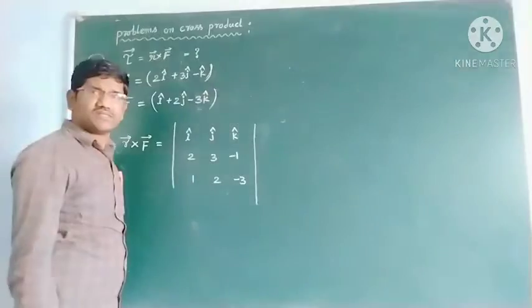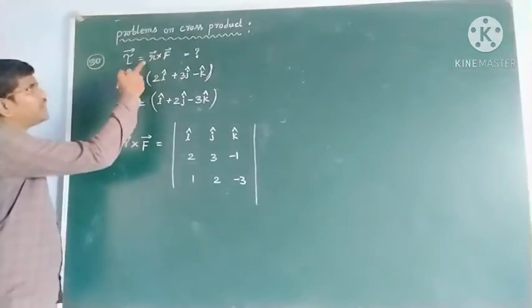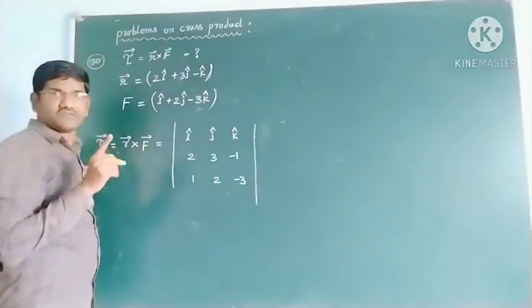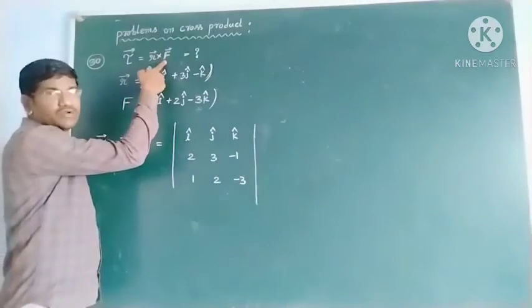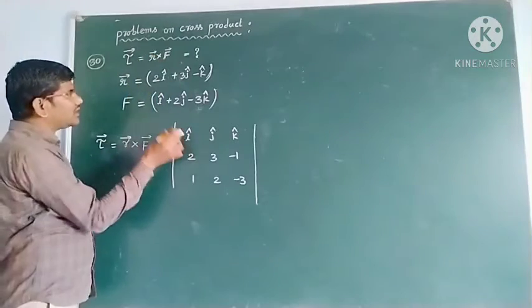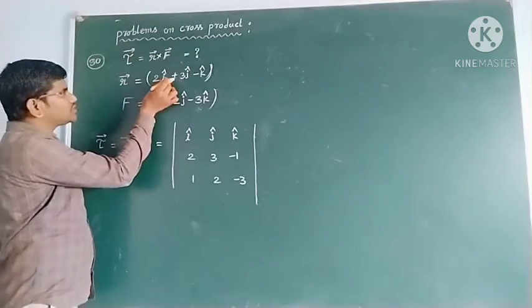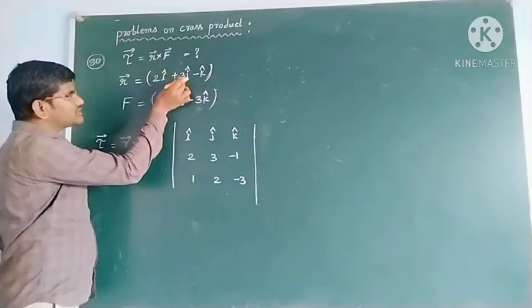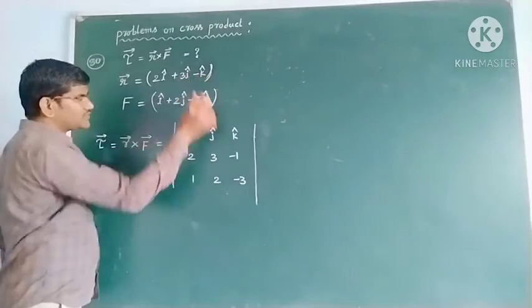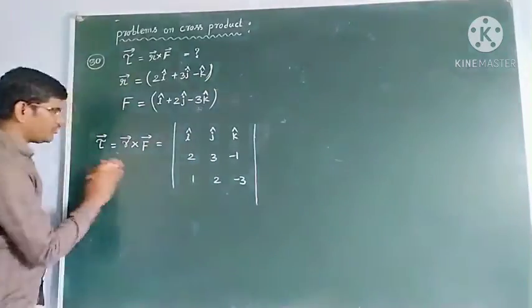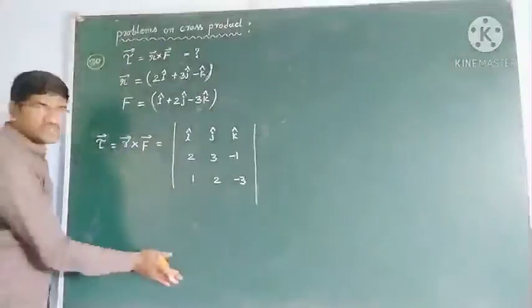So see, the formula of torque tau is r bar cross F bar. We should take it in the same manner only. So first take the coefficients of r bar. The i coefficient is 2, j coefficient is 3, and k coefficient is minus 1. So now we have to find r bar cross F bar here.